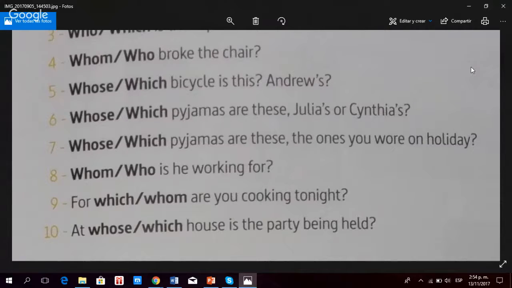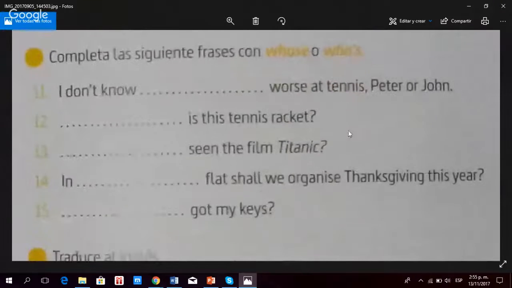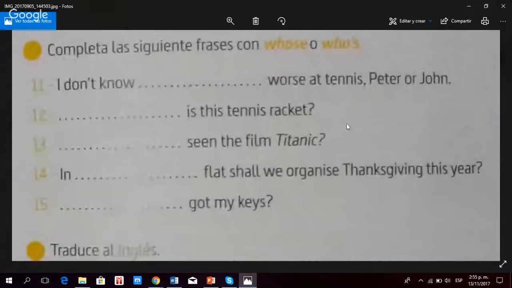De quién y cuál? Which house. Okay, which house is the party being held? Which house.